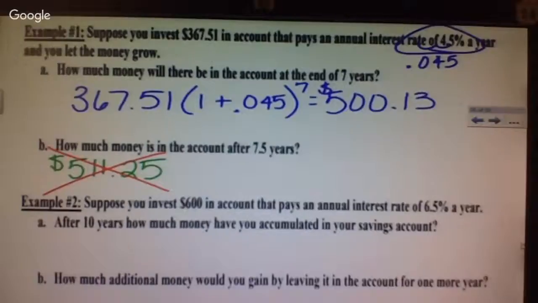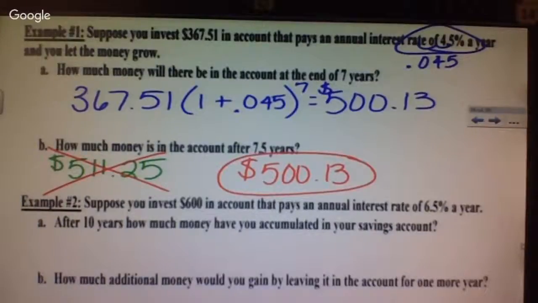You ready for this? You don't have to erase it. There's plenty of space. Are you gonna do 500.13 plus 1? Your answer is still $500.13. Because it goes up a year, so it wouldn't go up anymore.